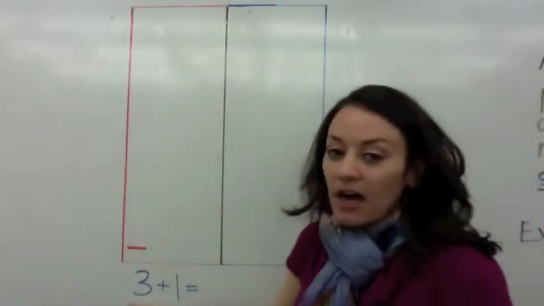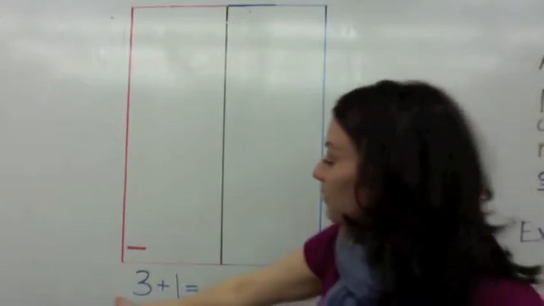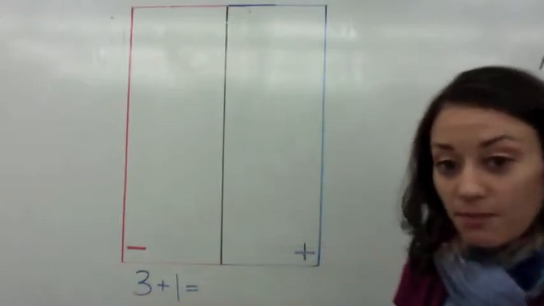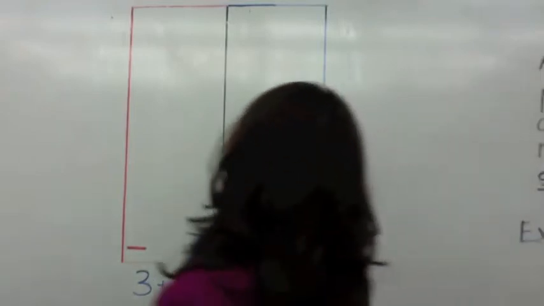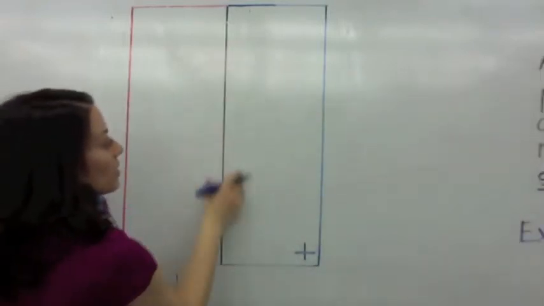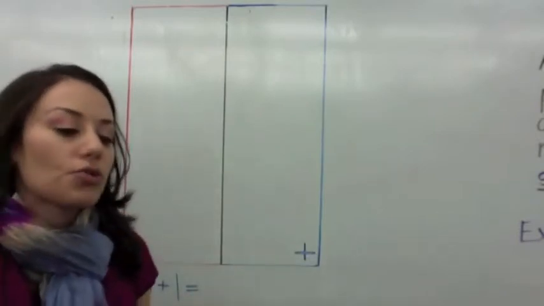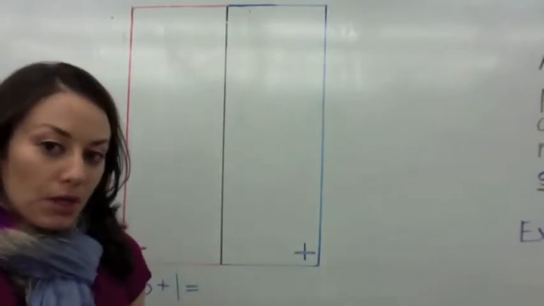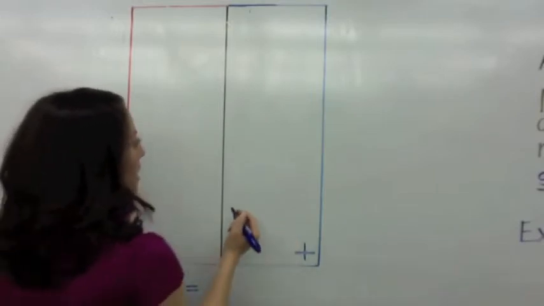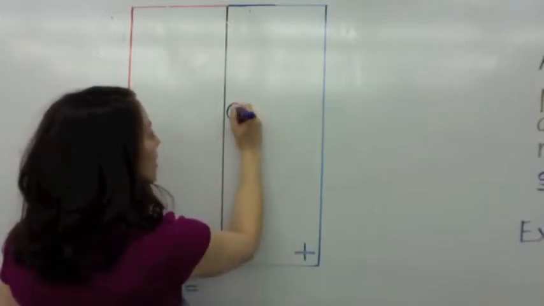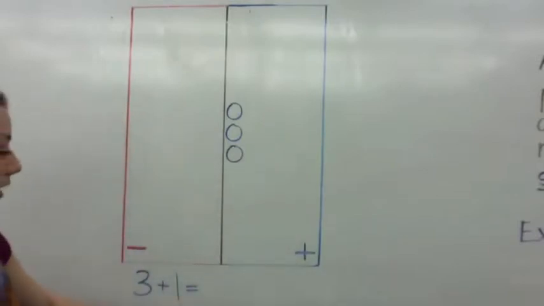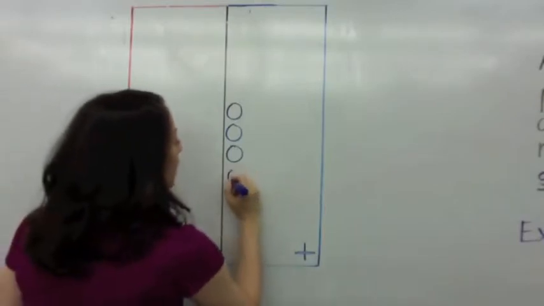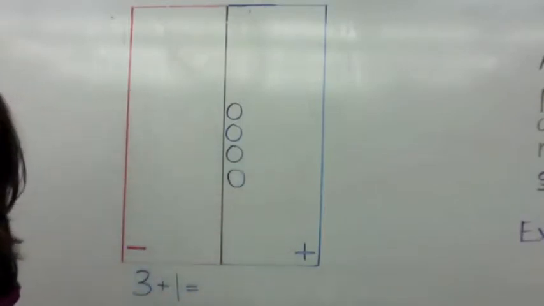So if I have 3 plus 1, is that a positive 3? Yes. So what you're going to do on the Algeblock board is draw your circles next to the line in the middle. Always draw it next to the line in the middle. If I have 3 positive integers and I want to add one more, I'm going to put one more circle on the positive side.